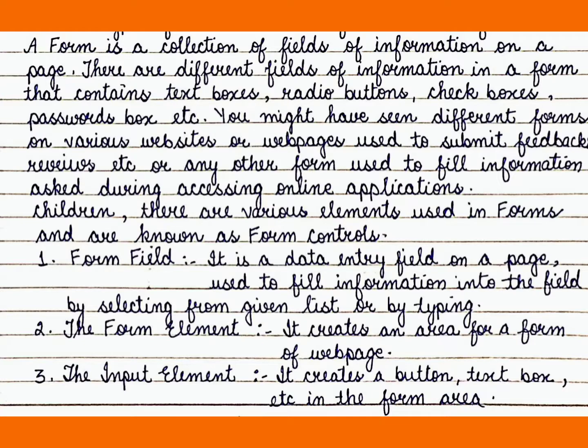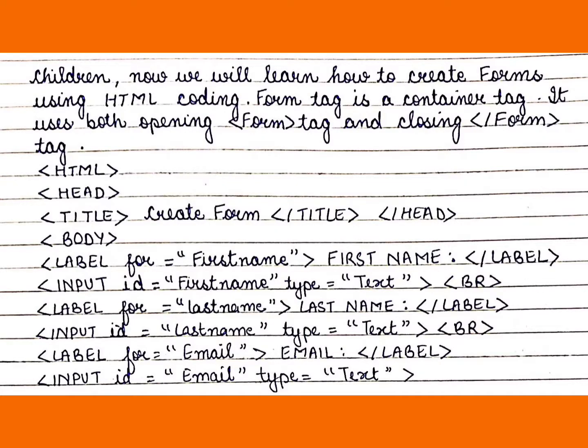Number 2, the form element. It creates an area for a form of a web page. Number 3, the input element. It creates a button, text box, etc. in the form area.